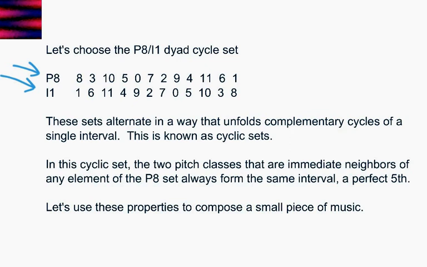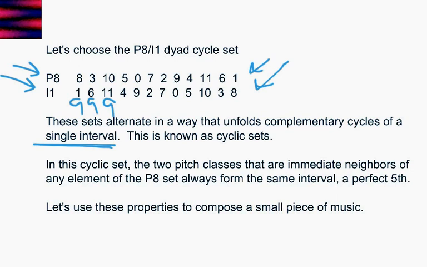So these sets alternate in a way that unfold these complementary cycles, and they unfold in a way that creates only a single interval. That's the important aspect here, the single interval, and that's known as a cyclic set. So these two represent a cyclic set, because as was shown earlier, you can add each one of these up to 9.